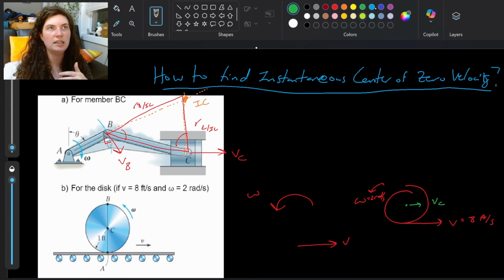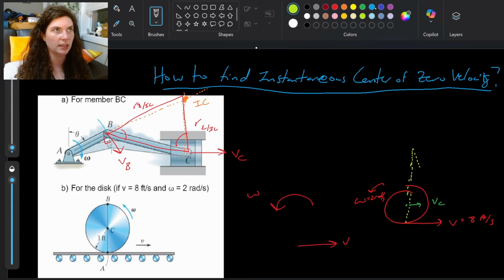So my instantaneous center of zero velocity is going to be somewhere up here that makes a triangle with the relationships of VC, the center of that guy, and V. It makes a triangular ratio relationship.